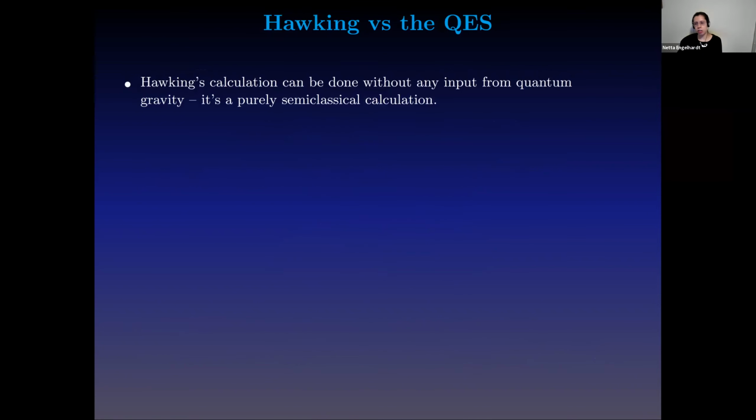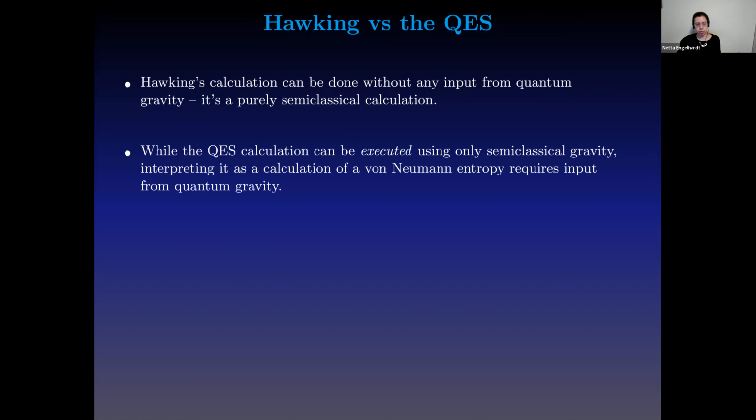Now, I want to take a look at these two different calculations, Hawking's calculation and the quantum extremal surface calculation. Hawking's calculation can be done without any input from quantum gravity. That's kind of the point. It's a semiclassical effective field theory calculation, and it gives us evidence of information loss.